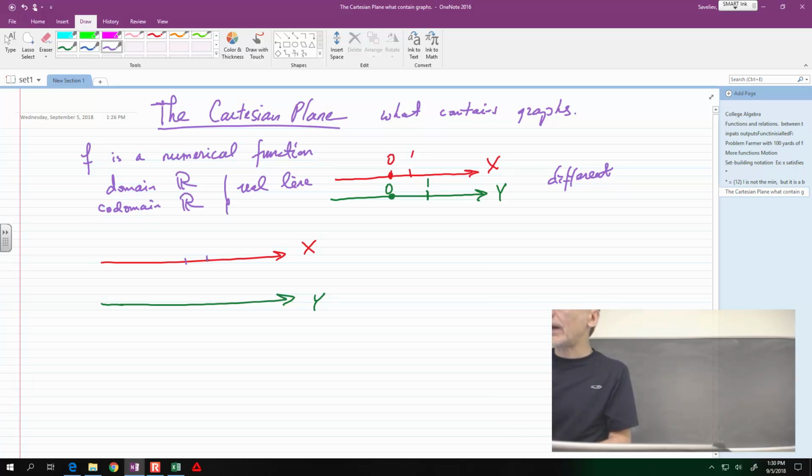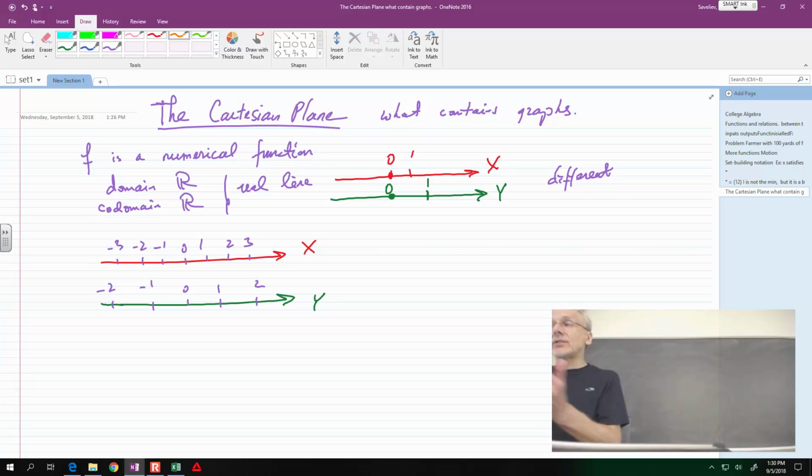If I have a bunch of marks on the x-axis, 0, 1, 2, 3, -1, -2, -3, and I have my marks also on the y-axis, 0, 1, 2, -1, -2, then what we are dealing with here is a correspondence from x's to y's. Every entry in the x set has a corresponding entry on the y-axis.